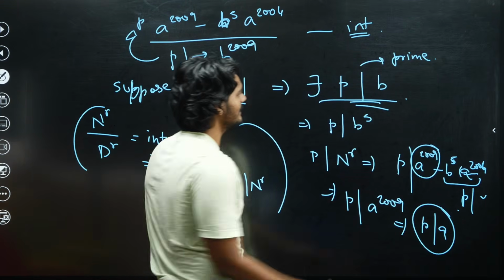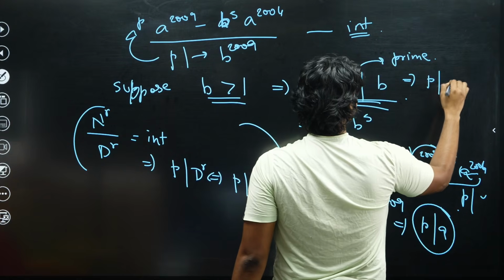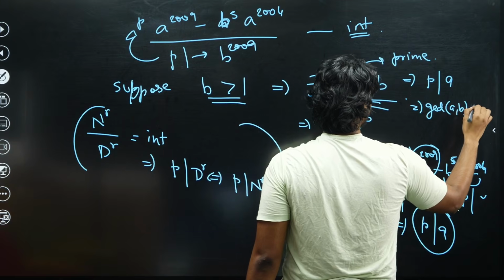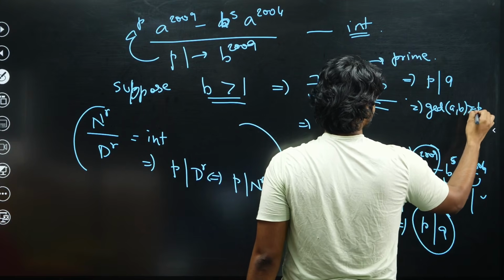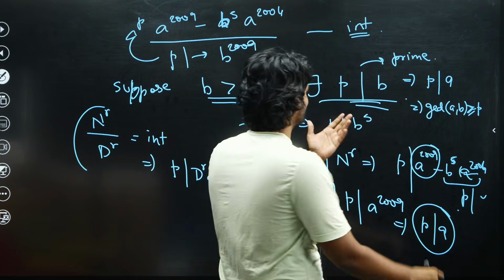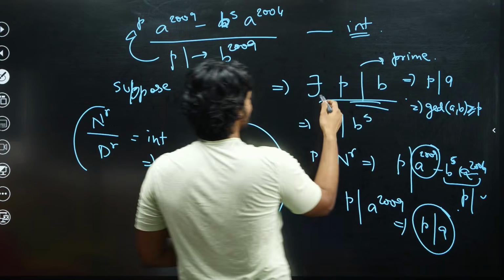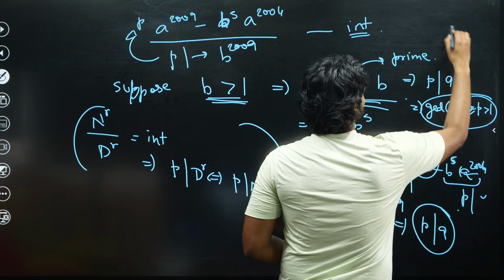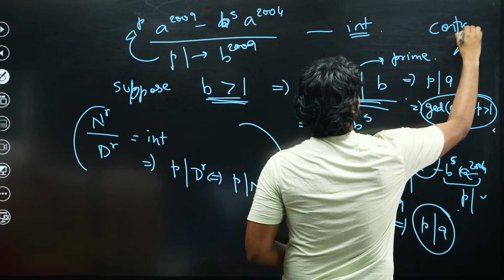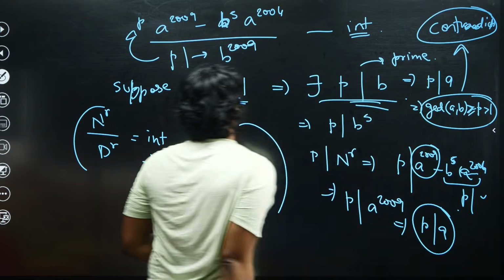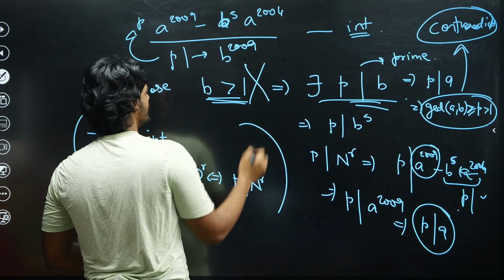If p divides b implies p divides a, that implies that the GCD of a comma b is at least greater than or equal to p. But b is greater than 1 and this is 1, so this should be greater than 1. This is a contradiction. That means b is not greater than 1.